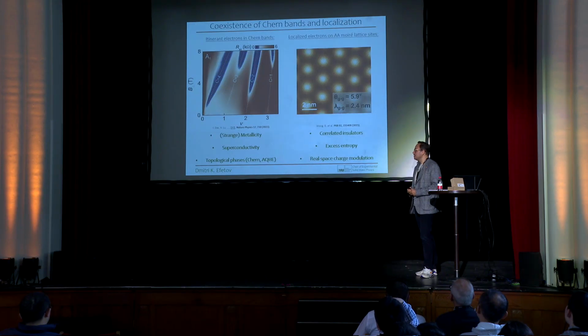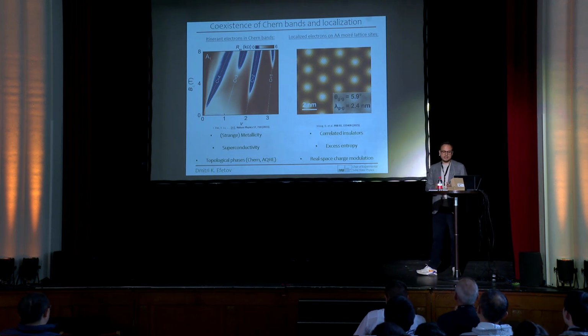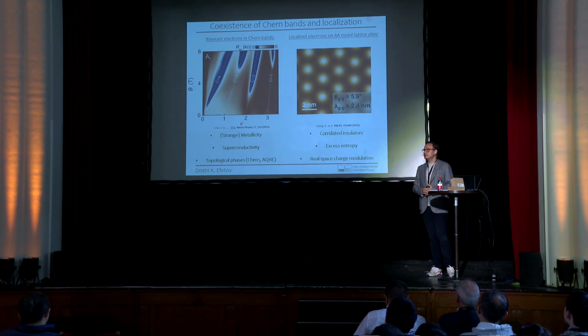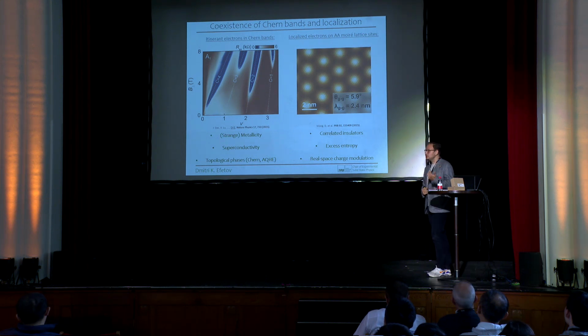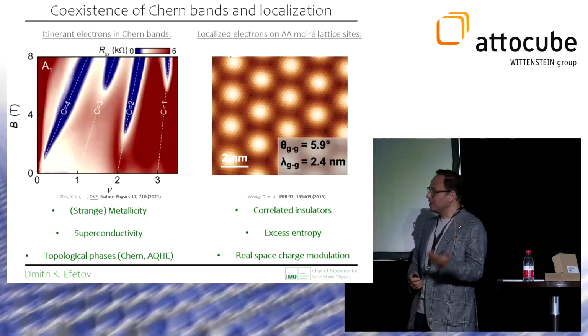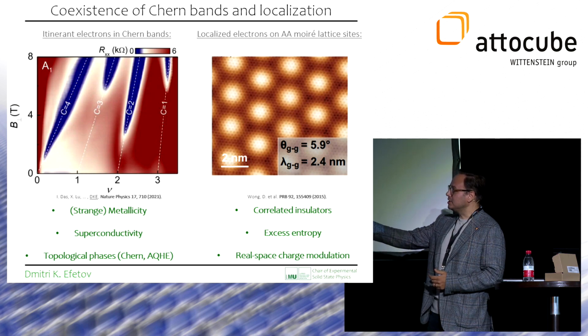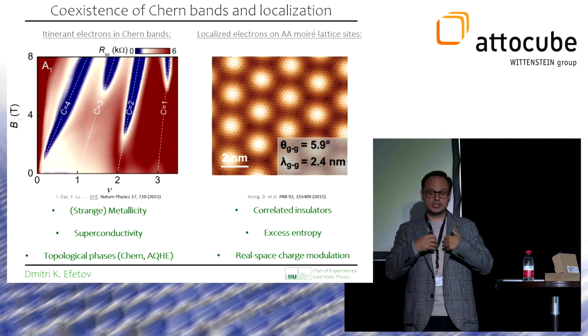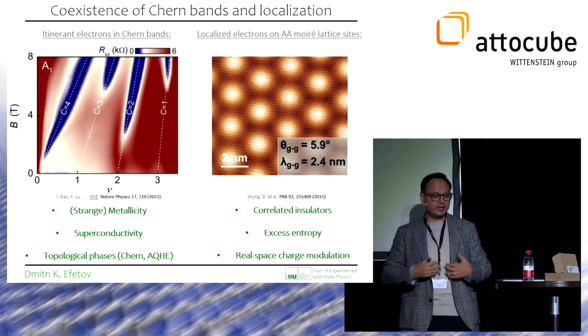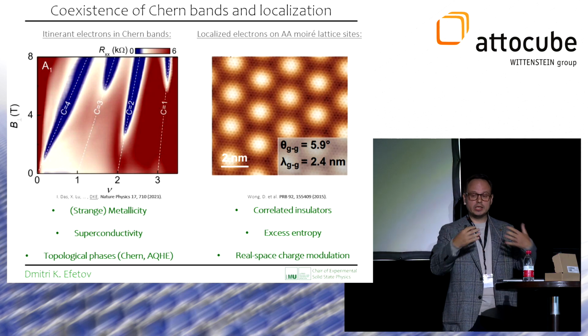The topic of today's presentation is the question that, from these phases I have just highlighted, there are two different types of electrons actually involved in all of these measurements. I talked about topology, superconductivity, strange metallicity, etc. Those all involve itinerant electrons, electrons that are not localized, that like to propagate throughout the entire device, and which are highly mobile.